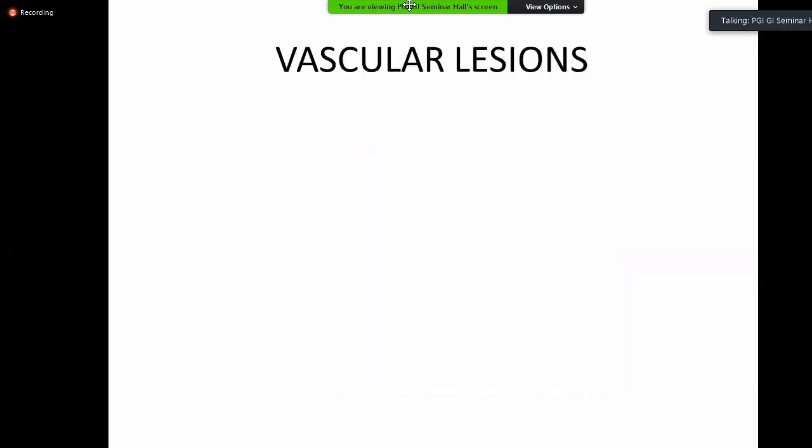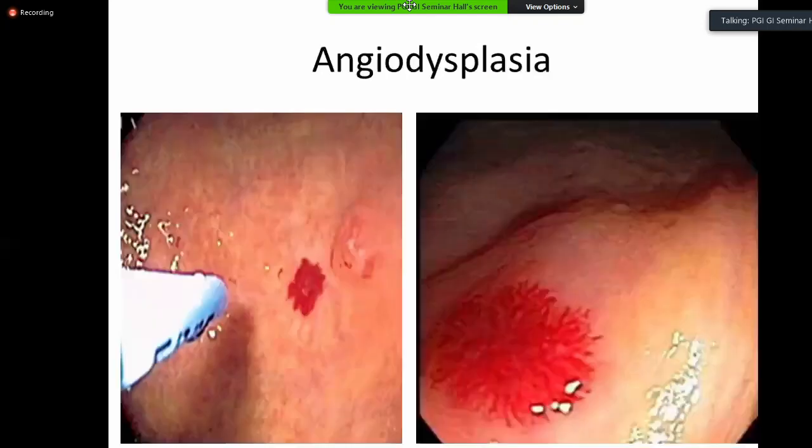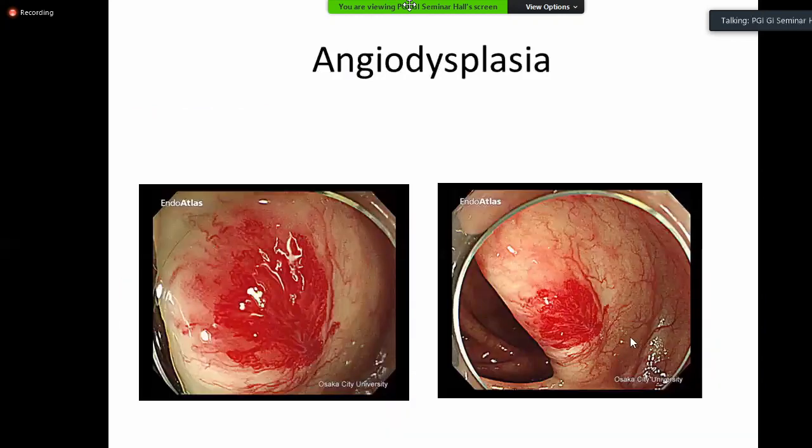Then vascular lesions are quite common, but their terminology is somewhat more difficult, to say what is angiodysplasia, what is AV malformation, what is angioectasia. These are the three common terms used. Now, all the terms are similar. This is a frond-like or mushroom-like vascular lesion. Here you have the vessels coming out, classically described for angiodysplasia.